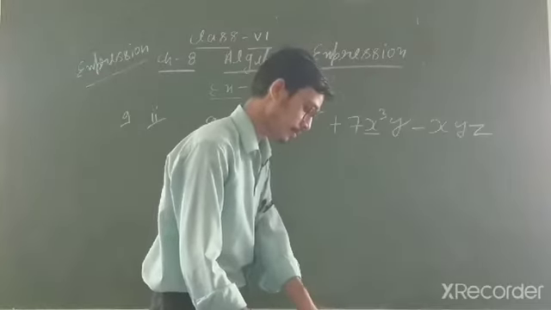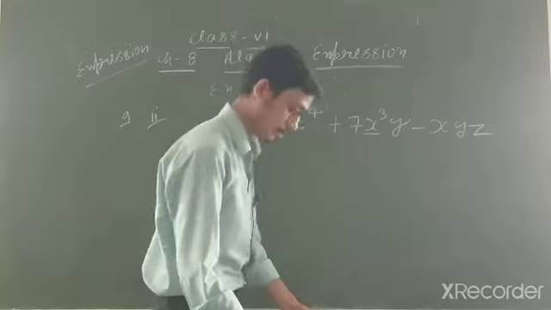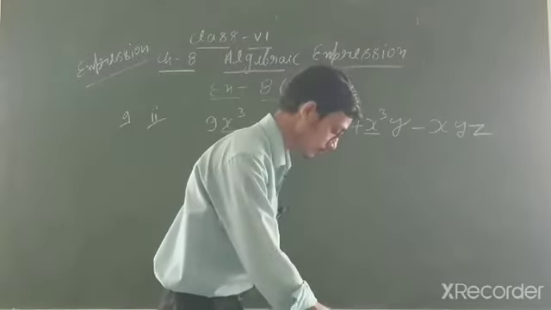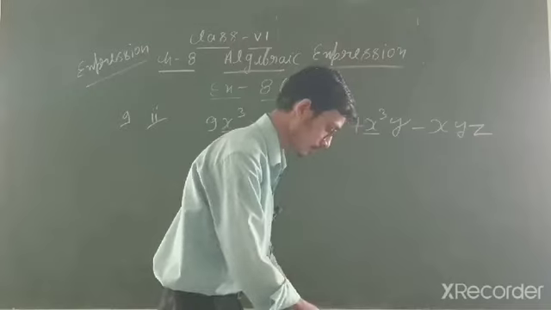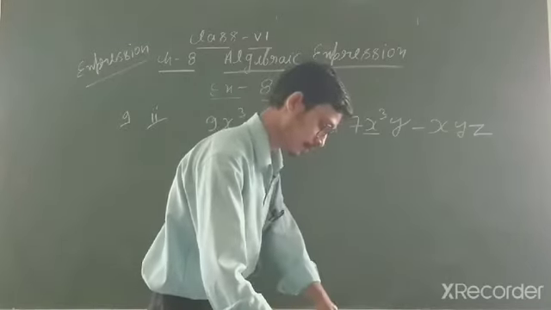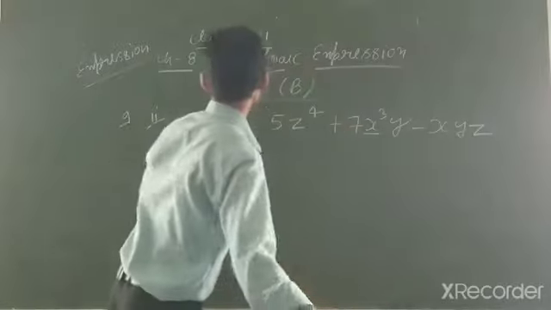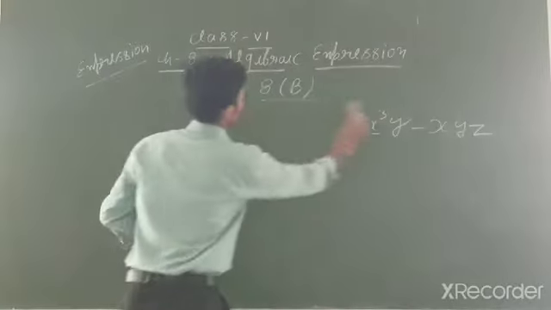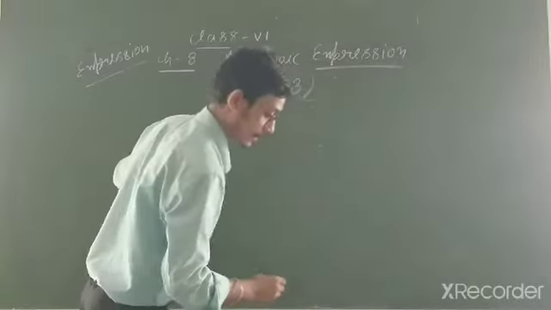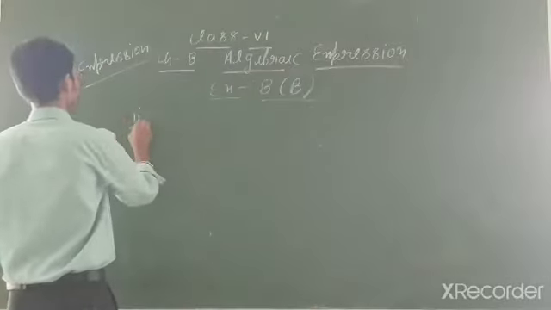So try to find out. Here check what is given and what is not given. Sorry, I copied the wrong question. Due to this, there is no constant. There is no like term. Question number 2 is this one.